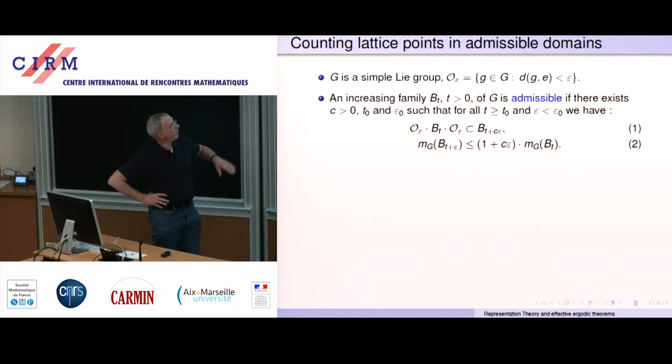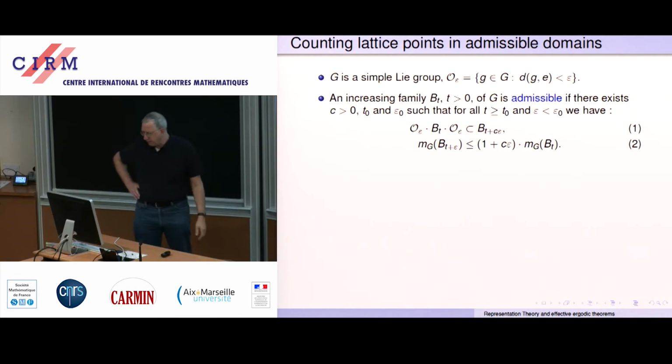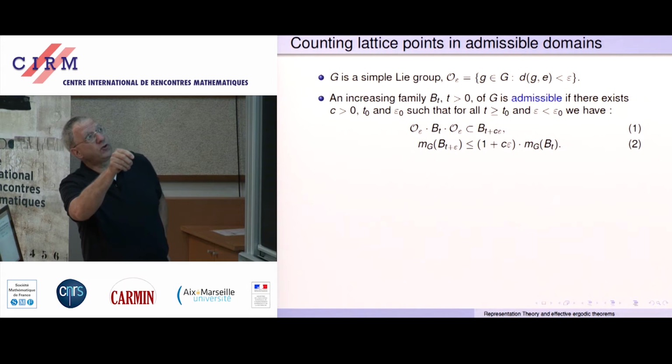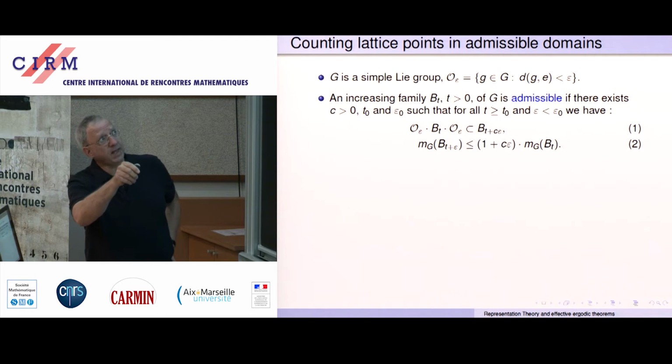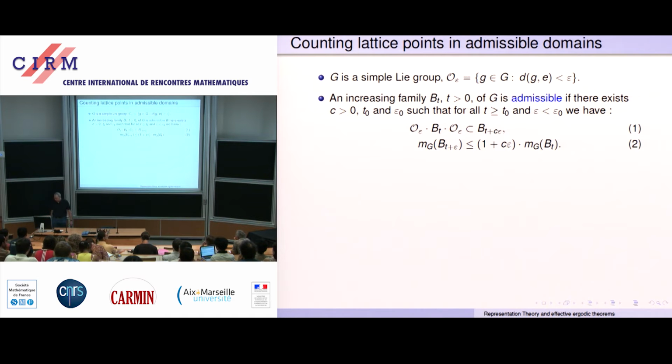The properties are sort of local stability or approximate stability. If you perturb the set B_T from both sides, then you really don't change all that much. And the second property is simply a uniform Lipschitz property of the log of the volume, or the measure.